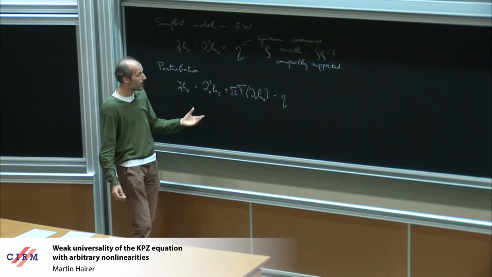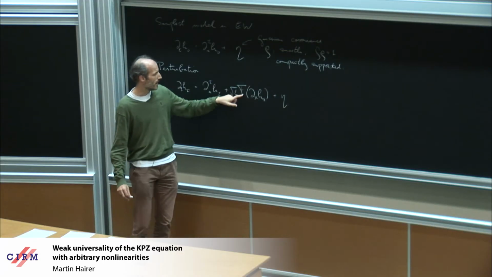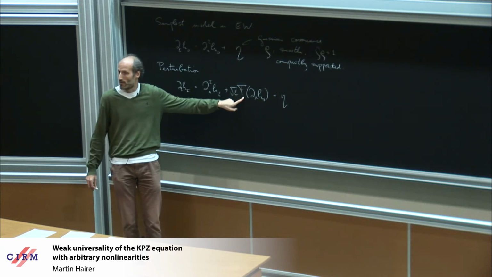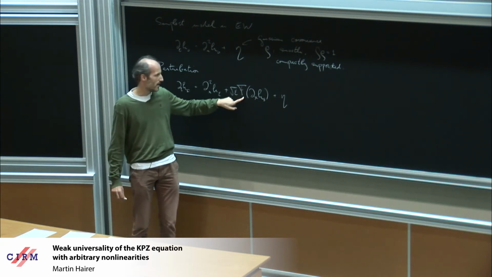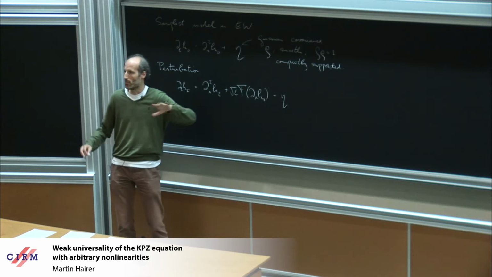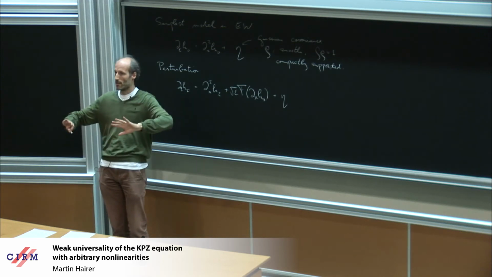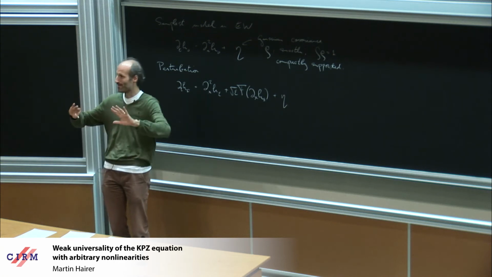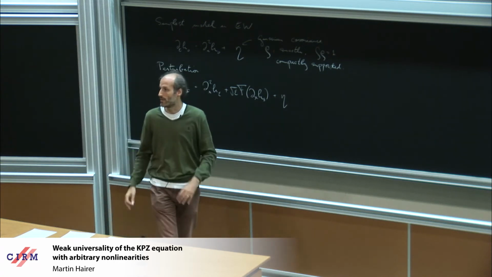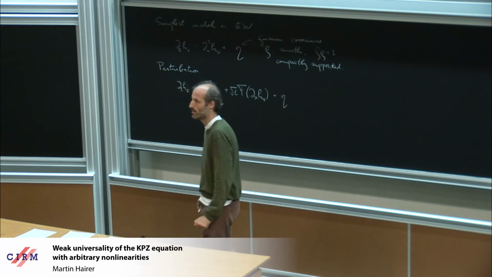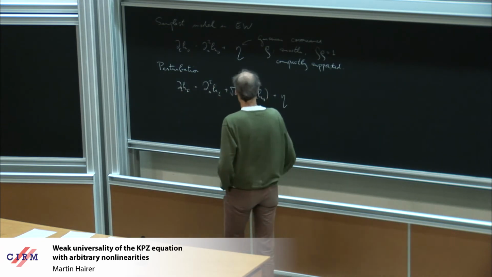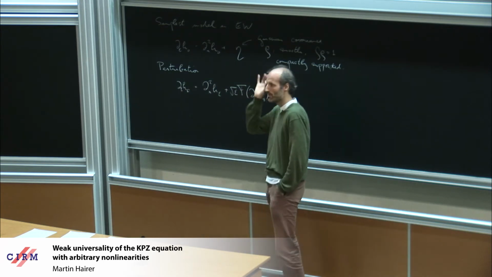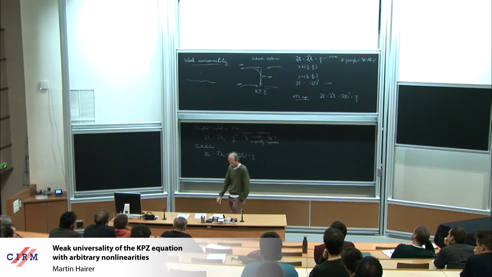One thing that you could imagine is that this f itself would be random, and that it depends on h in a way which is stationary in x translations and h translations. That would be a relatively natural thing to do, but we didn't look at that. So here we just take a deterministic perturbation.